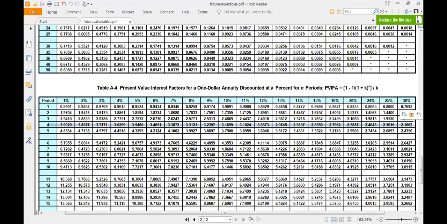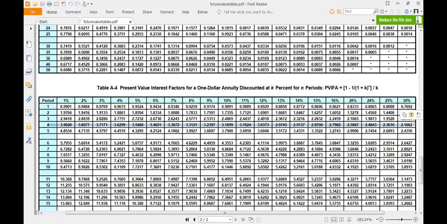If we start moving towards the right, you can see that we are getting closer and closer to 2.9. My actual value was 2.9409. The 2 values that I'm getting are 13% and 14%. So 2.9409 will lie between 13% and 14%.